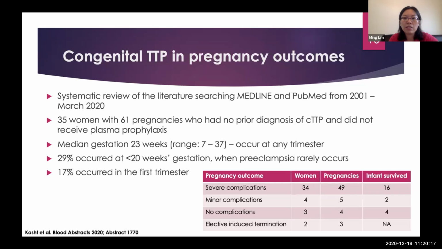And if you look at pregnancy numbers alone, 49 out of 58 pregnancies had severe complications. So again, this confirms the alarmingly high prevalence of obstetric complications in congenital TTP and reminds us that we need to consider this diagnosis when a pregnant woman presents with microangiopathic hemolytic anemia and thrombocytopenia at any trimester of the pregnancy.